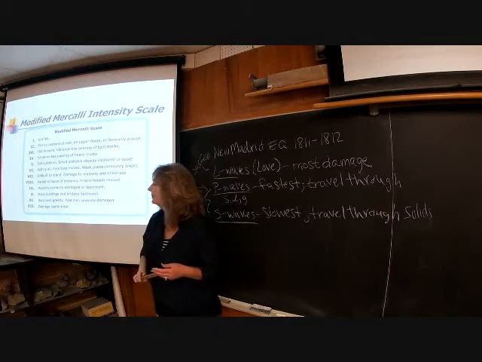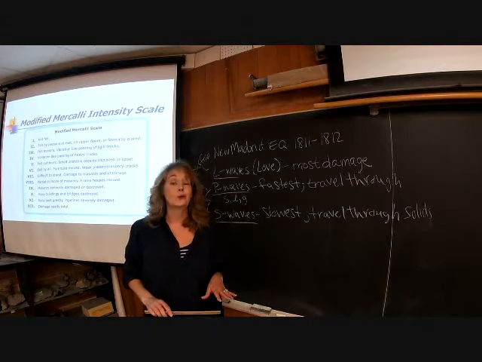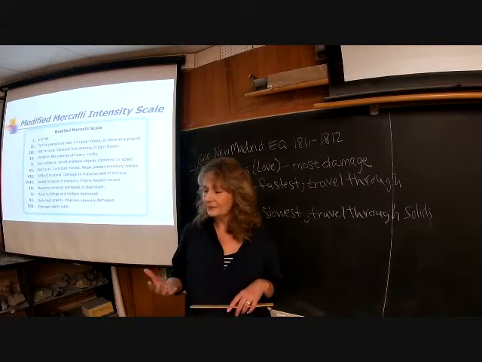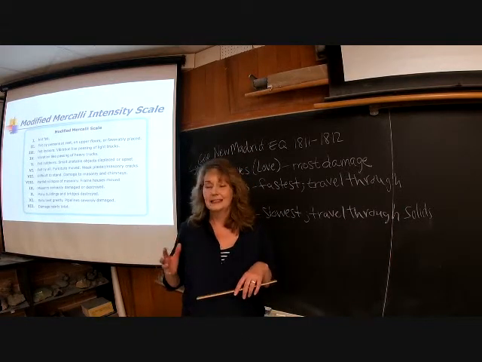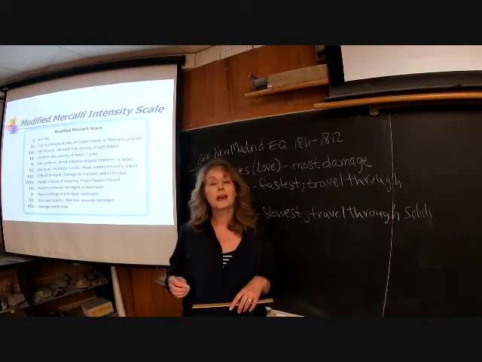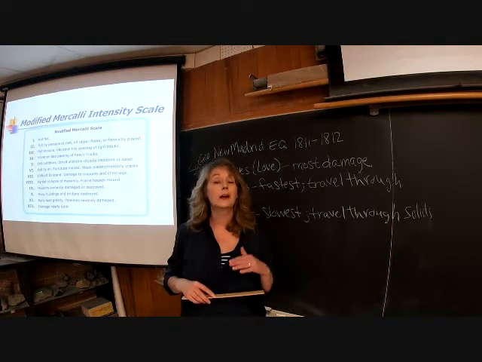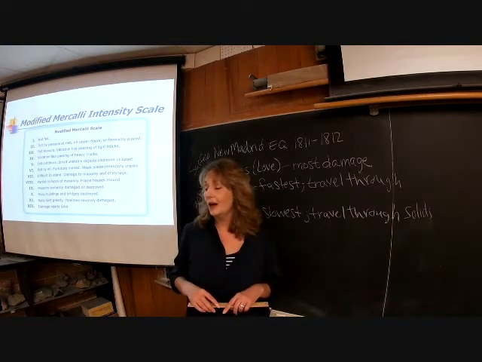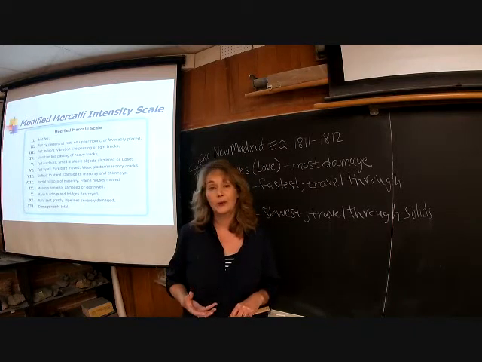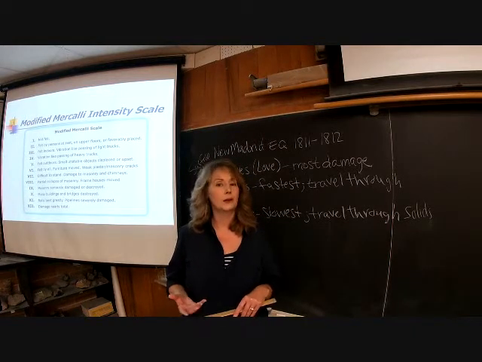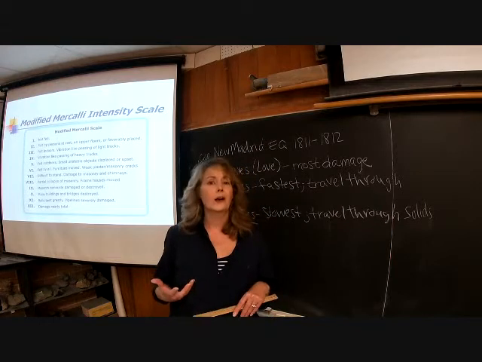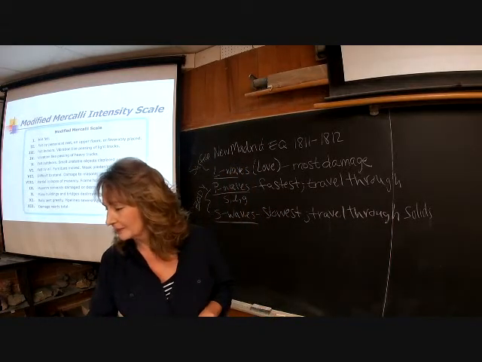And then a 12 on that scale, nearly total damage. So again, it's an okay scale for intensity, but it's got some flaws in it because what are we dealing with as far as foundation? What are we dealing with as far as our construction material too?